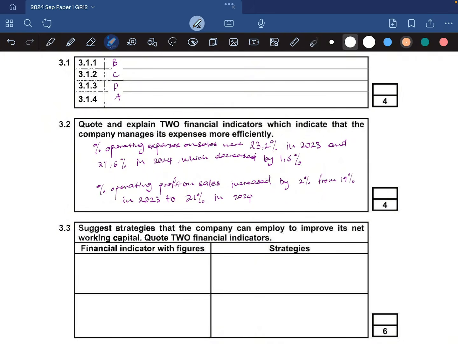Okay, we've done the quoting of figures, we've shown the trend and the difference. So this is the trend, this is the difference, right? So that is what you basically need to write whenever you are required to quote and explain any financial indicators. Okay, that's 3.2, and now we're going to move on to 3.3.